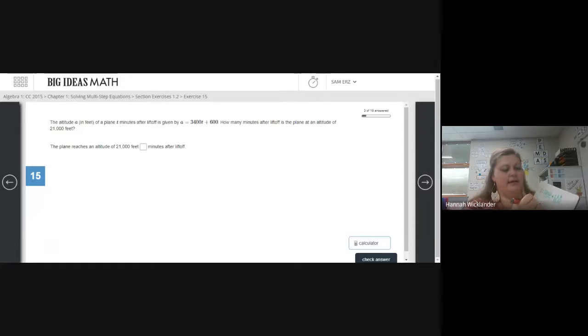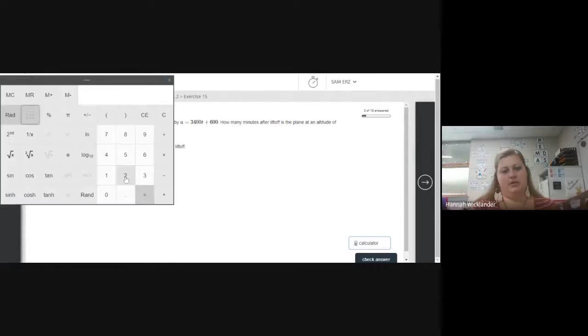And then rewrite the equation, 21,000 equals 3,400 T plus 600. Now it's just a two-step equation with bigger numbers. So my first step is going to be subtract 600 from both sides. And I'm going to use the calculator.